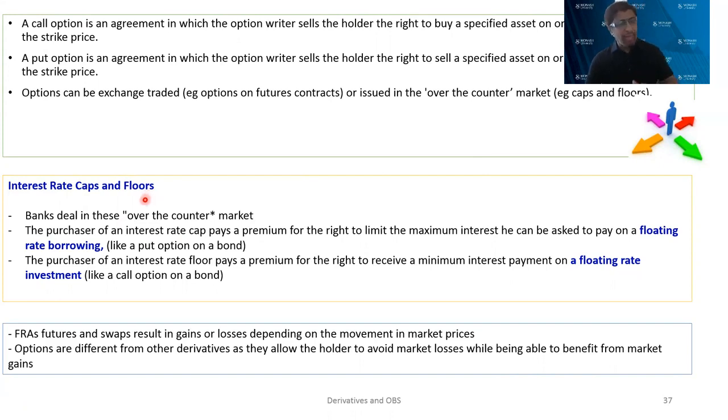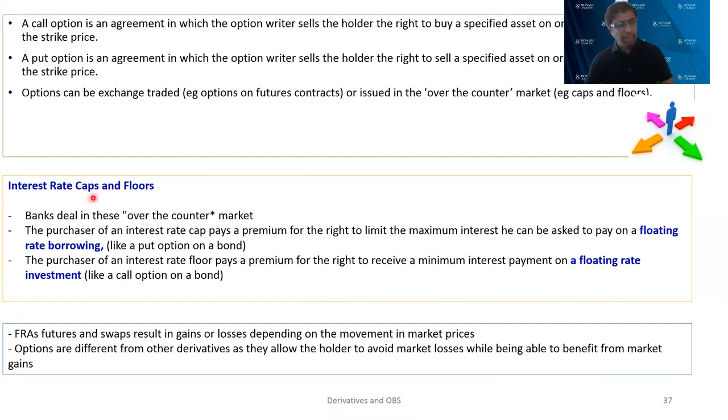So they set a floor. If the interest rate is 6% now and I'm investing at 6%, I will put a floor, for example 4%, which is the minimum for me. If the interest rate goes below 4%, that is my floor, and the option has to be exercised, and somebody has to compensate me, which means I will always receive at least 4%.